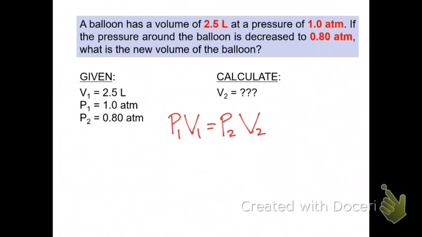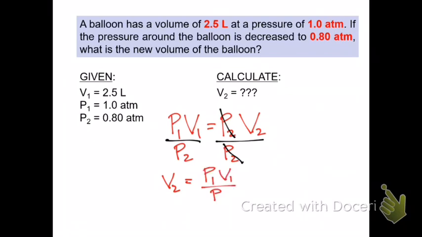So what we can do is divide both sides by P2. And you can see how the units would cancel out here. And now we have V2 by itself. V2 equals P1 times V1 divided by P2.